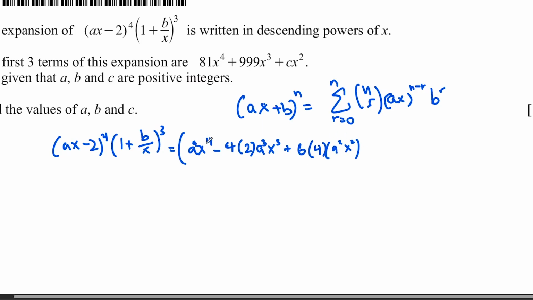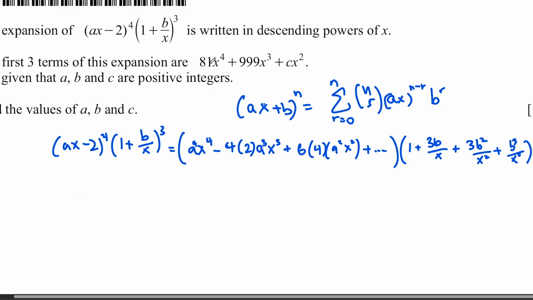All we need actually is the terms up to x squared here. The lower powers of x, we don't really need to consider. And then for the next series, that's all the terms that we need to expand.